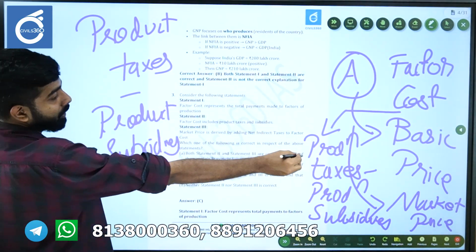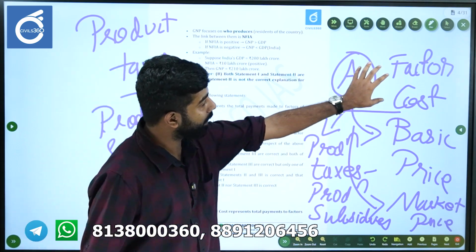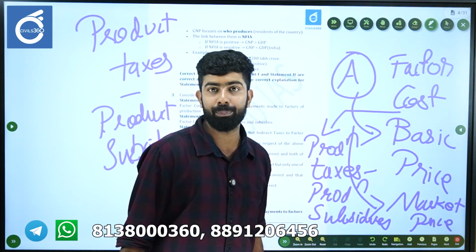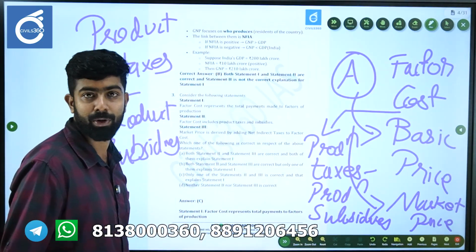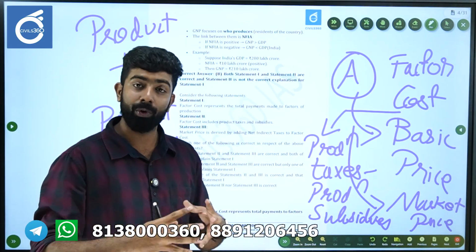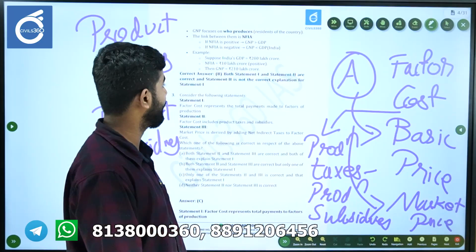So this is the market price. Whenever factor cost becomes market price, there are production taxes and product taxes, and both of them together we can call indirect taxes.